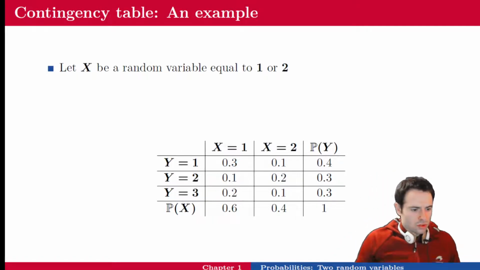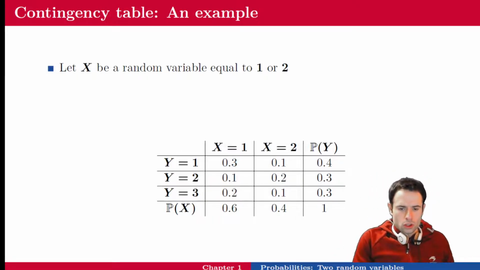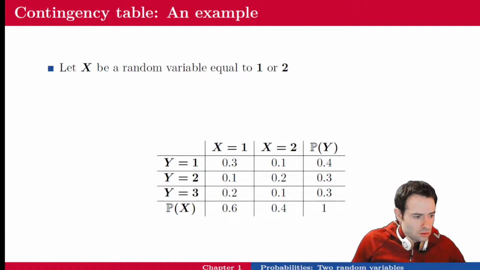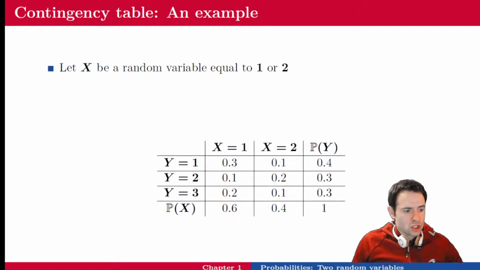I just talked about conditional probabilities, which are probabilities when we restrict ourselves to looking at a specific subgroup of the population. I talked about marginal probabilities, which is the case where I just talk about X or Y alone without including them both.